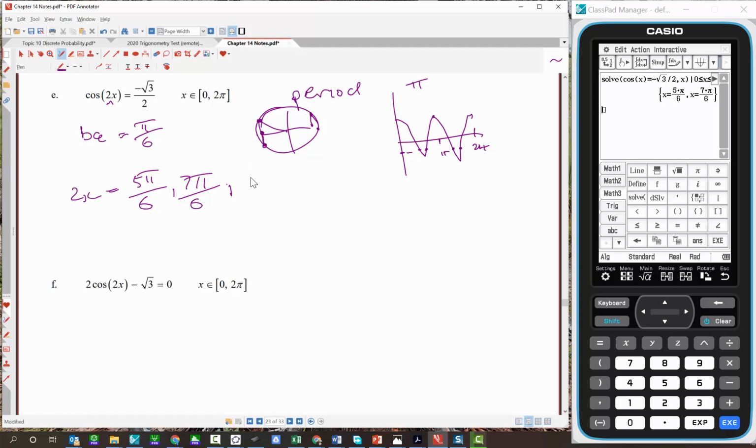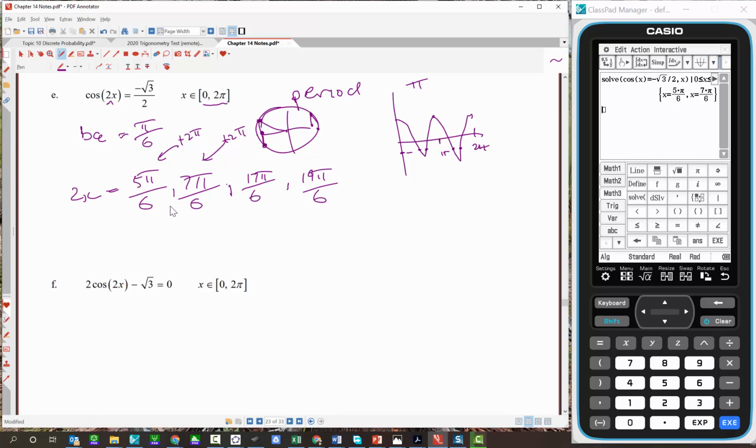So this one here is going to be 17 pi on 6, because basically it's going to repeat itself every 2 pi. What I could do is plus 2 pi to this solution and plus 2 pi to this solution. So 2 pi, remember, is 12 pi on 6, plus another 5 pi on 6 is 17 pi on 6. And 12 pi on 6 plus 7 pi on 6 is 19 pi on 6.